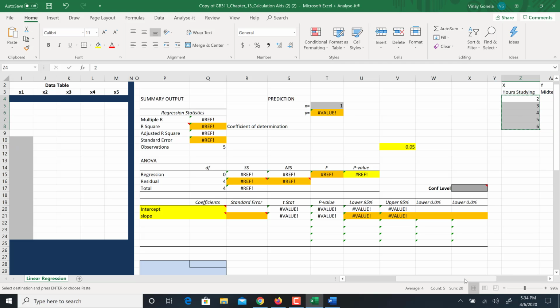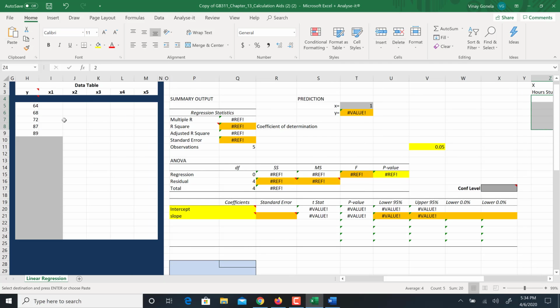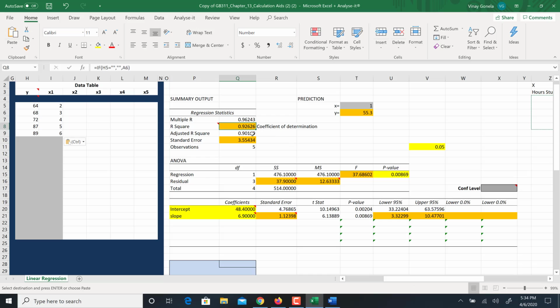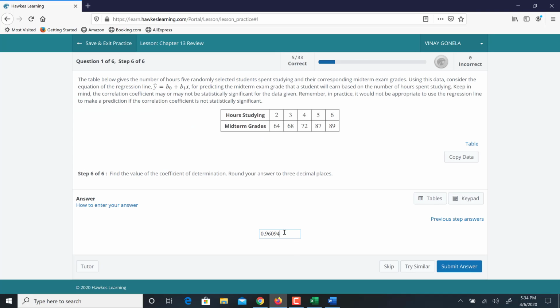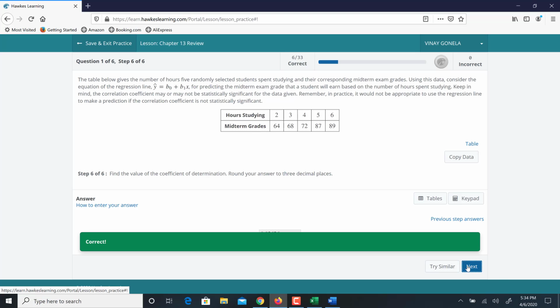So this is my x. You see this is my r square now with the new data, the coefficient of determination. I will copy that. So this is good.